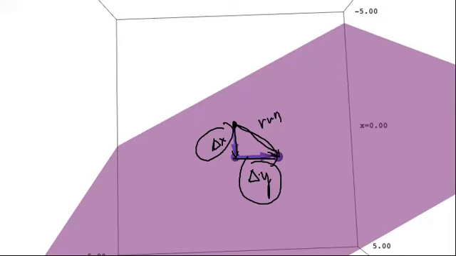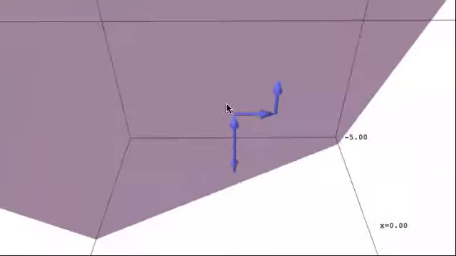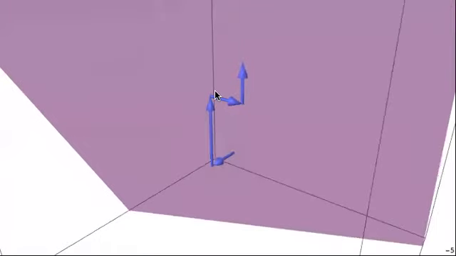Now for that particular run, we can rotate this a little bit. Let's look at this for a minute. For that particular run, we can visualize the run right here. For that particular run, we have a rise, and that rise is just the projection of this straight line right here onto that vertical right there.